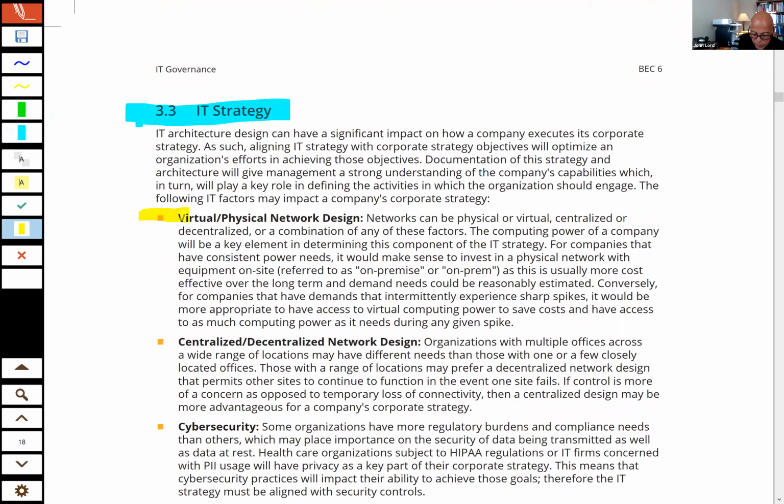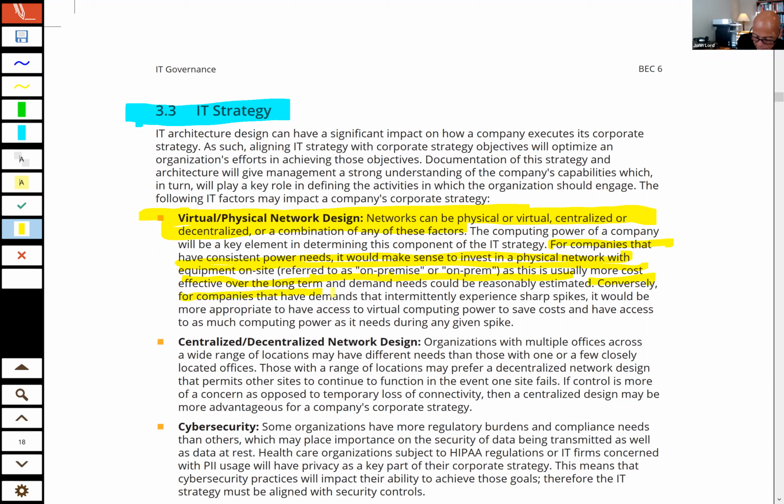So, virtual or physical network design. Networks can be physical or virtualized, centralized, decentralized. Okay, for companies that have consistent power needs, it would make sense to invest in a physical network with equipment on site, as this is usually more cost effective when demands can be reasonably estimated.